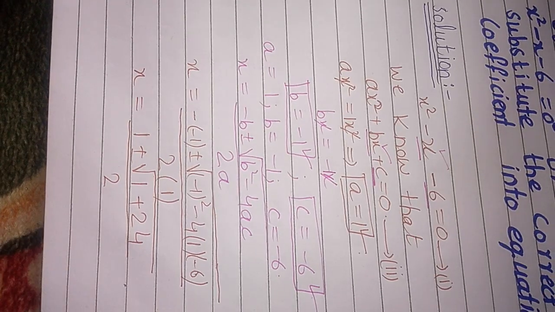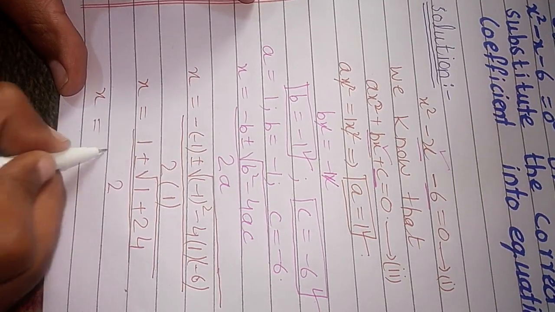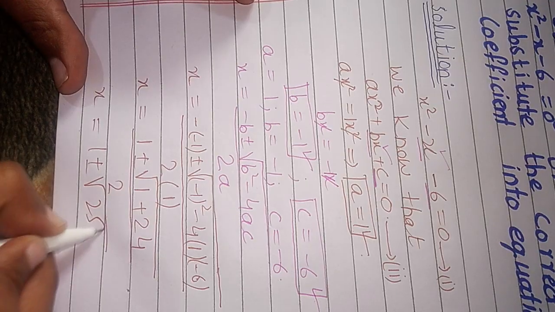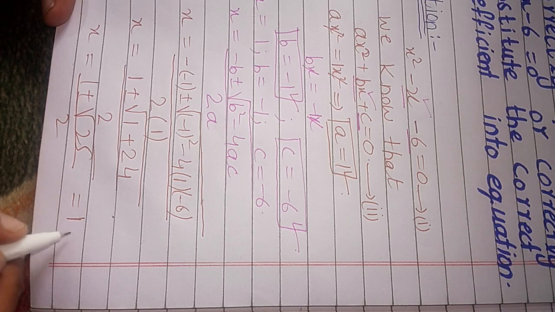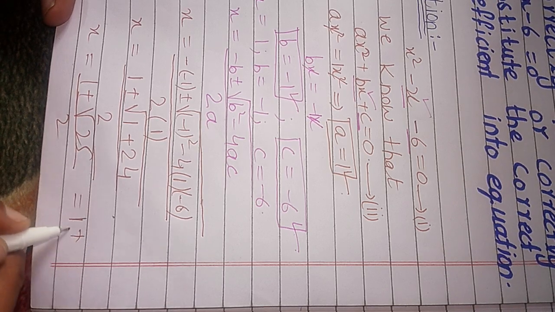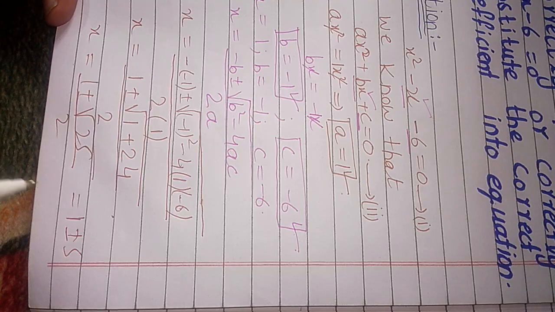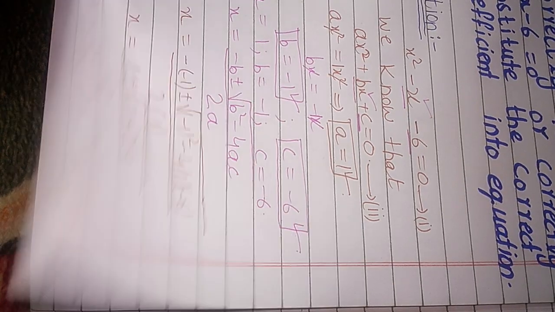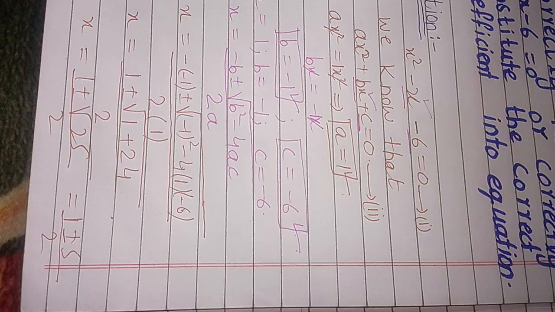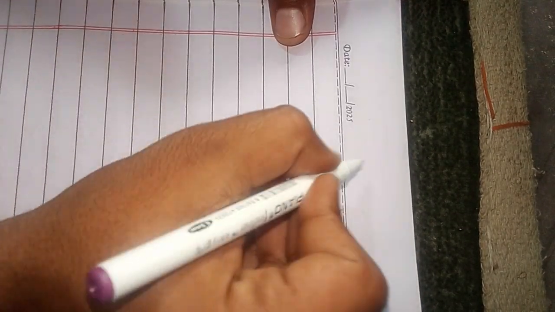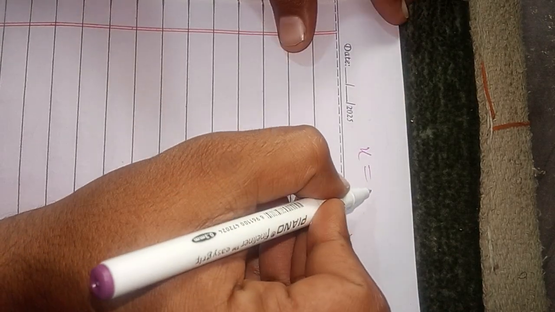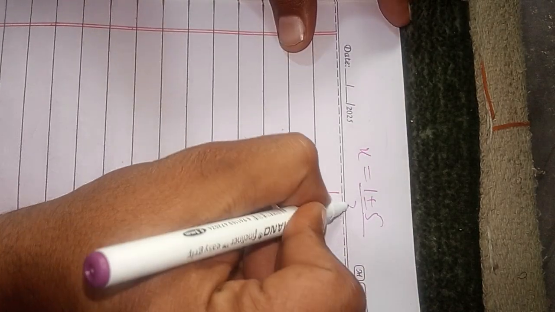Now let's again see this: x equal to 1 plus minus the square root of 25, divided by 2. So this will be 1 plus minus 5, because the square root of 25 is 5. So we have found that the answer is x equal to 1 plus minus 5 divided by 2.